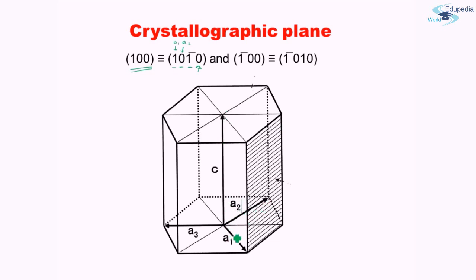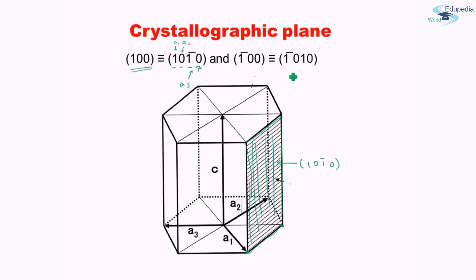A1 is over here, we are at 1 unit. And we already see that A3 itself turns out to be -1 unit, so basically over here. Therefore, the effective plane which we are getting is this already shaded plane, right? This is the plane that we actually needed. This is 1 0 bar 1 0.